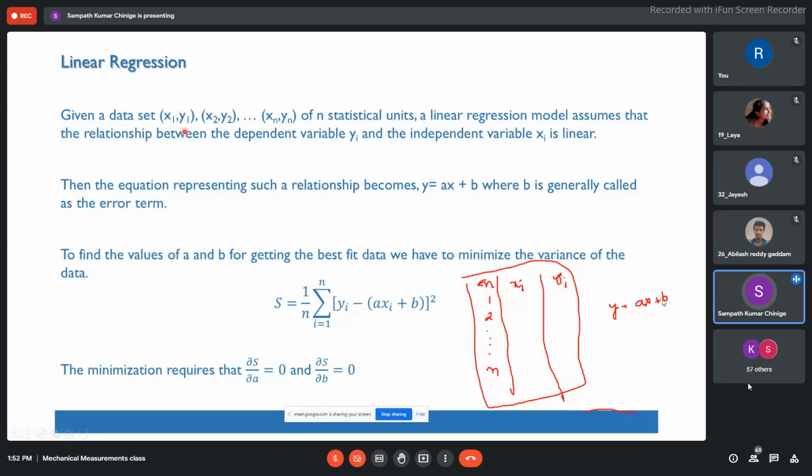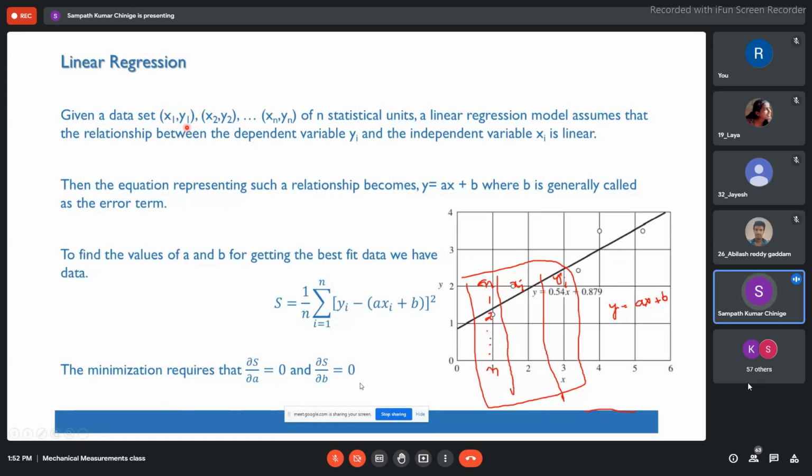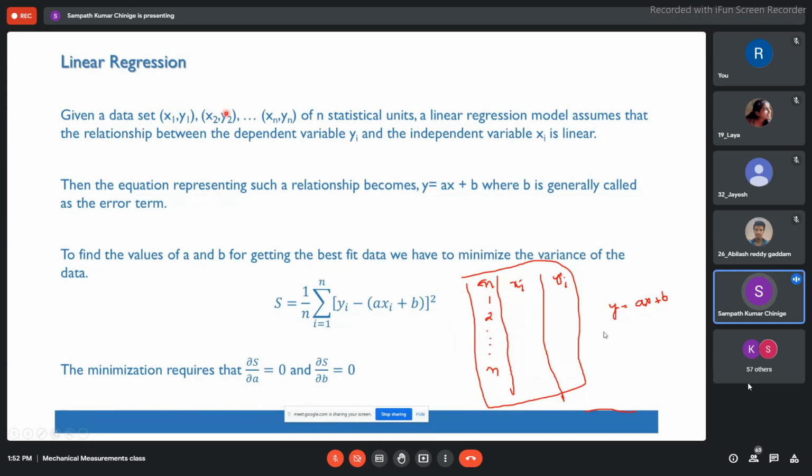So now for this line to be called a best fit, what can be the requirement? The requirement is that the derivative with respect to a and the derivative with respect to b should be close to 0. So when there is a curve, where can we get the derivative to be 0?